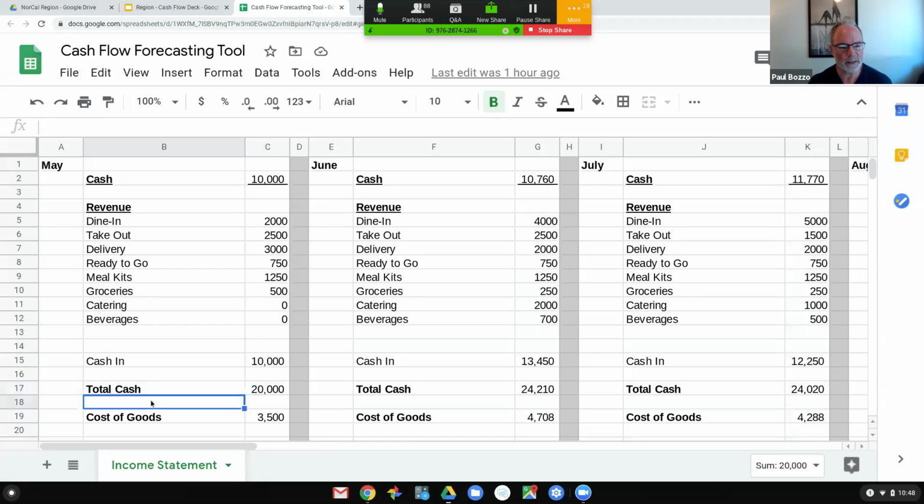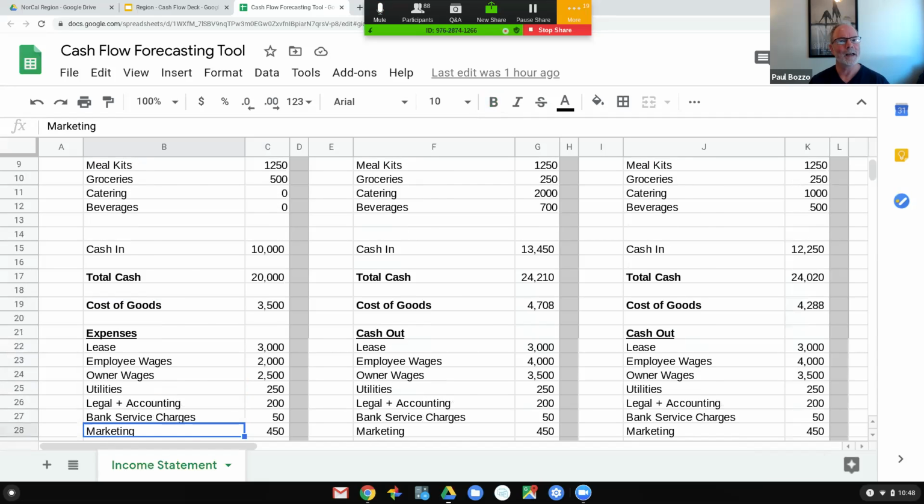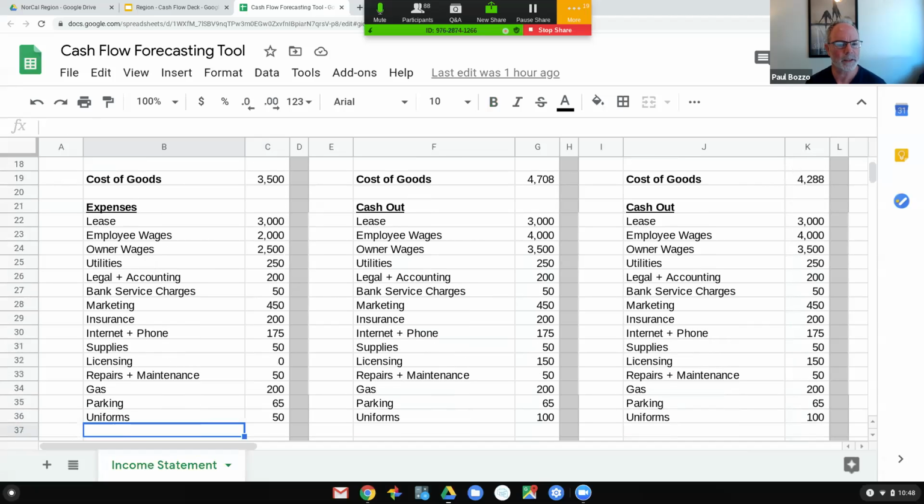Now, what we also need to do is start looking at the outflows of cash. So that's the inflow of cash. The outflow of cash happens with cost of goods, restaurant, retailer, etc. You're going to have hard cost of goods, and then all of your expenses. So what takes away cash is primarily cost of goods and all the expenses that you have.